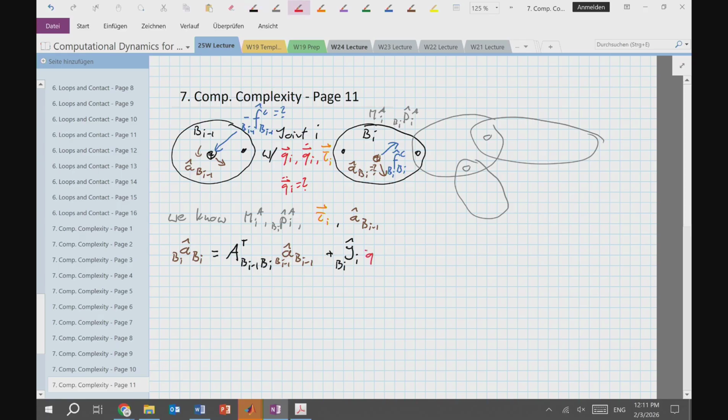And that gets multiplied with Q I double dot, so just the accelerations within this joint. And then we have a bunch of bias terms, which we can compute, but you saw before, that's half a page of equations to compute them. So that we know.